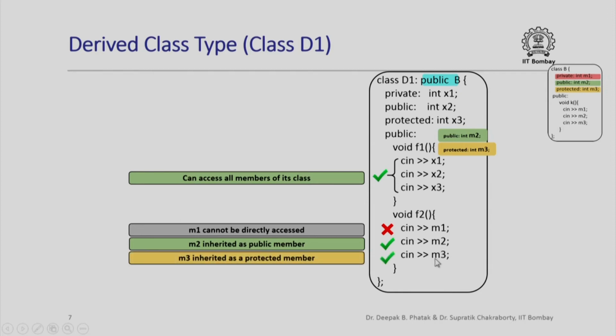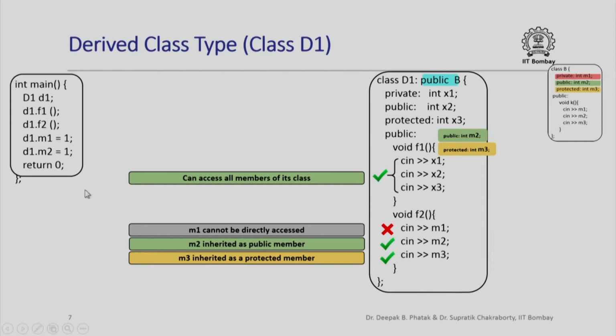And similarly for M3, M3 is once again a data member of the base class B, but it is a protected data member, which means it can be accessed within derived classes, but not in the main program. But here I am trying to access it within the definition of this member function of the derived class. So this is okay, I can access it.